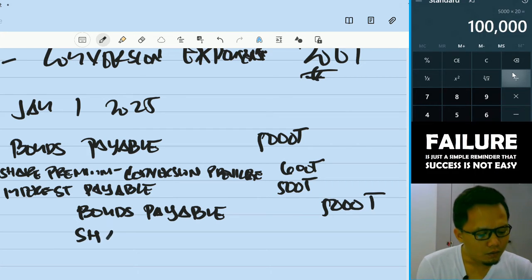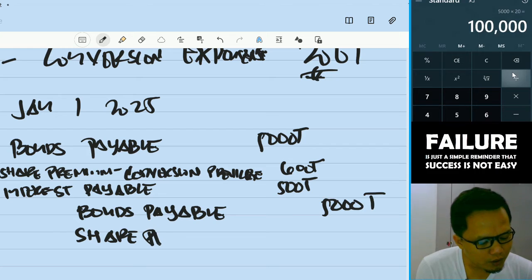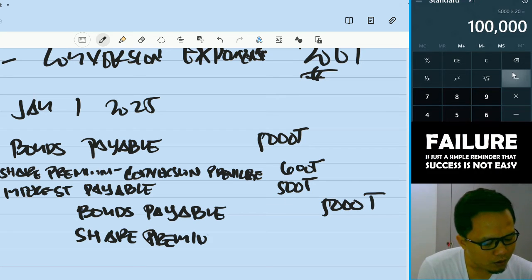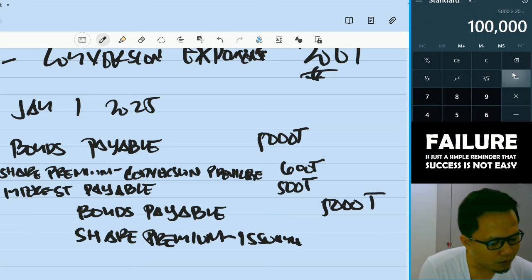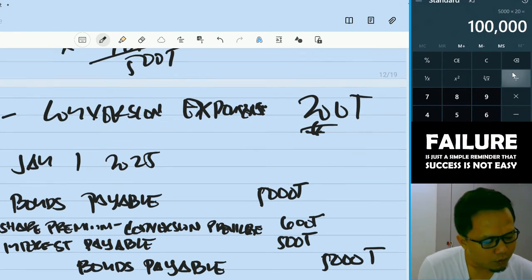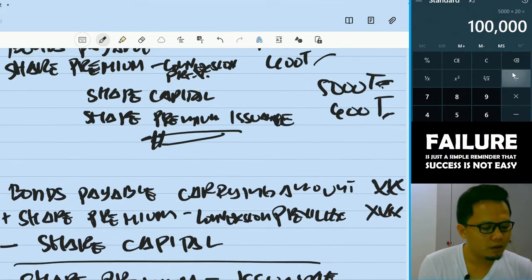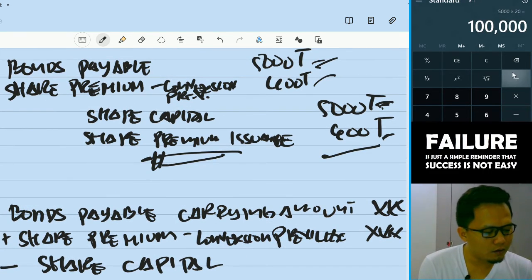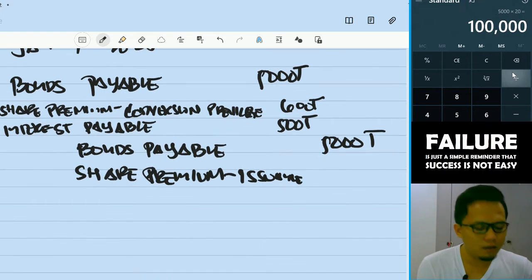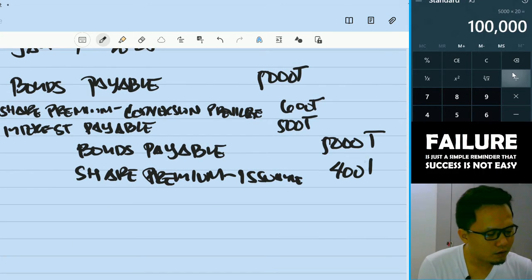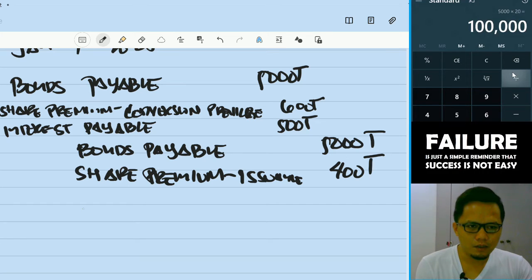Now, your share premium issuance, because we have a 200,000 conversion expense, is now not 600,000, but rather, how much? 400,000.